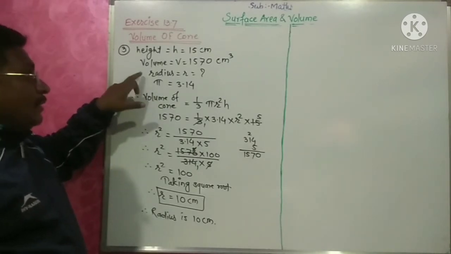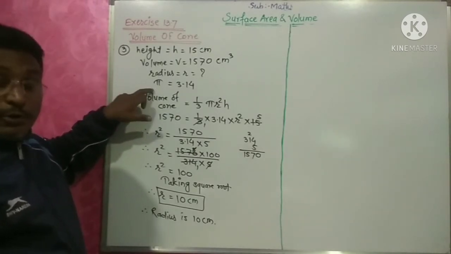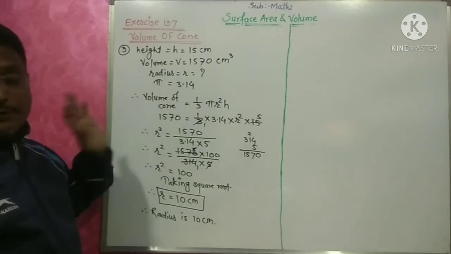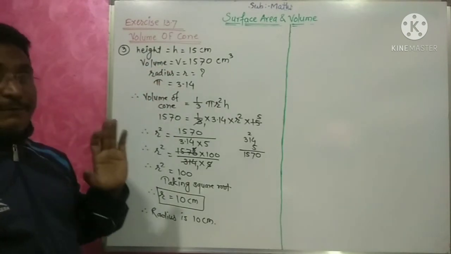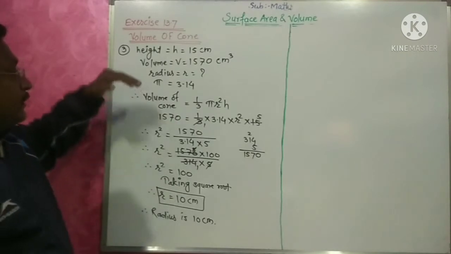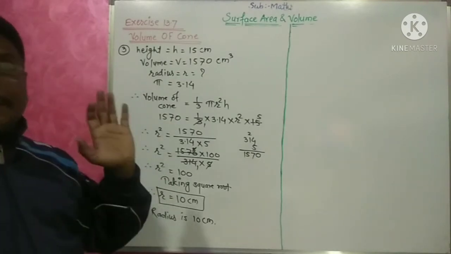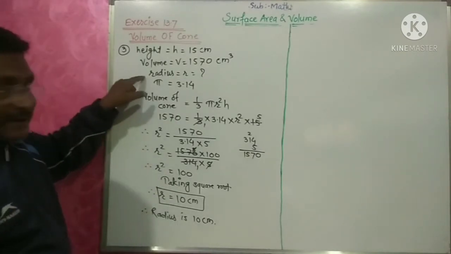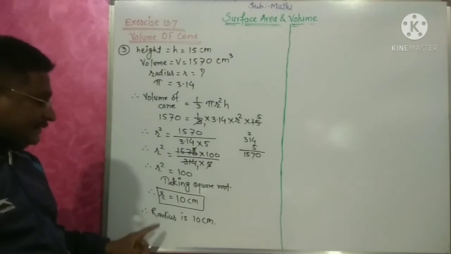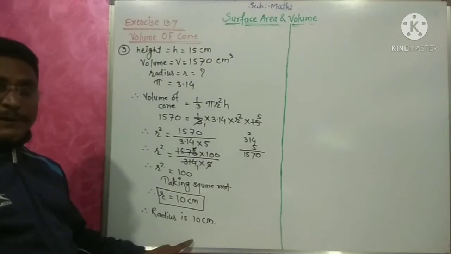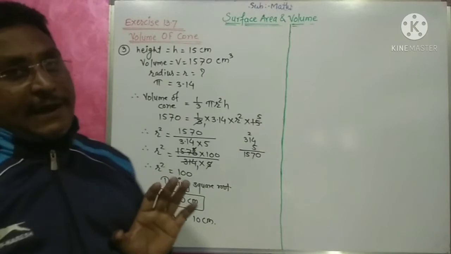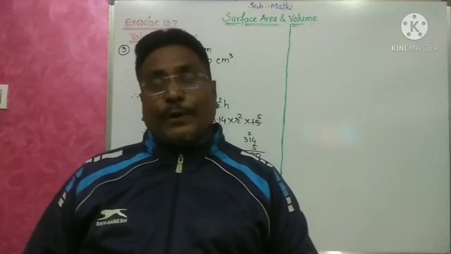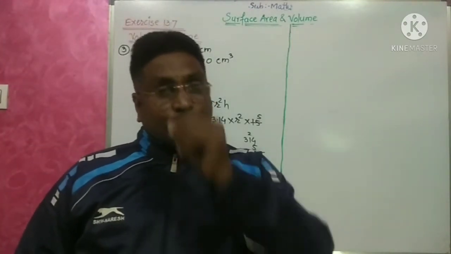Don't put the pi value in the fourth question because pi will cancel. What has to be found? Diameter. First find the radius the same way, and then diameter is twice the radius. You will get the diameter. Hope you understand, students, how to solve the fourth question.